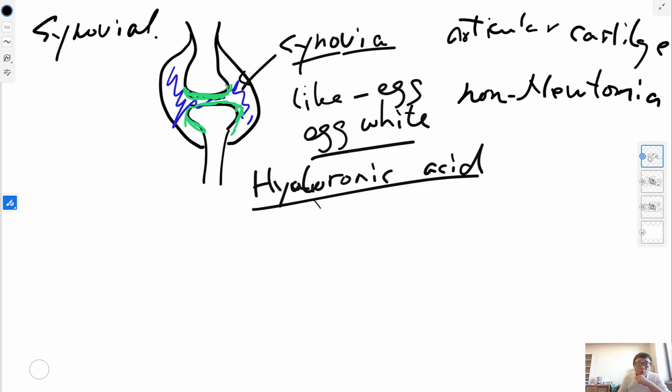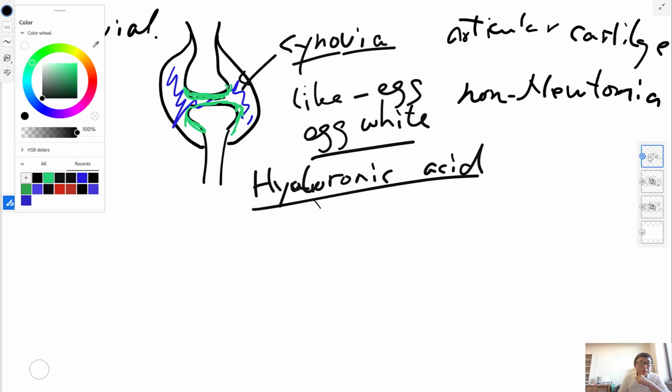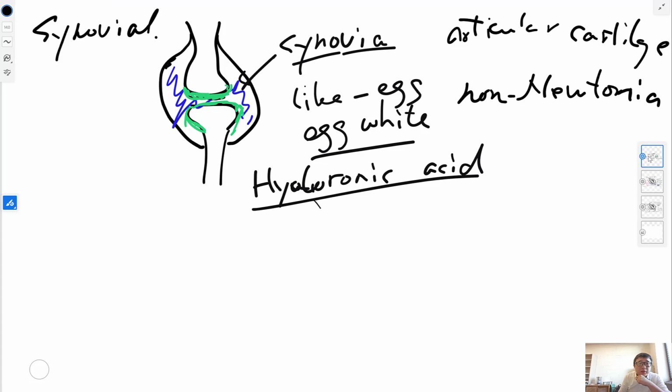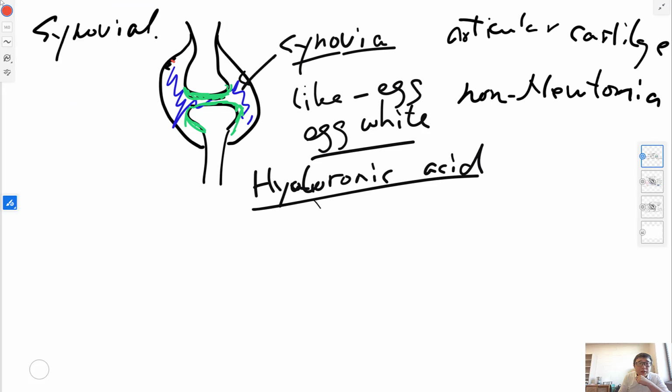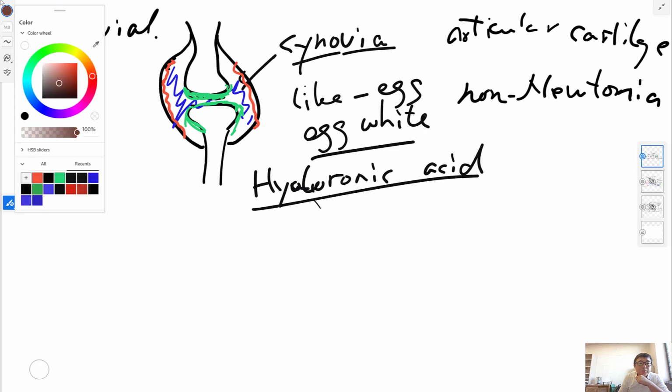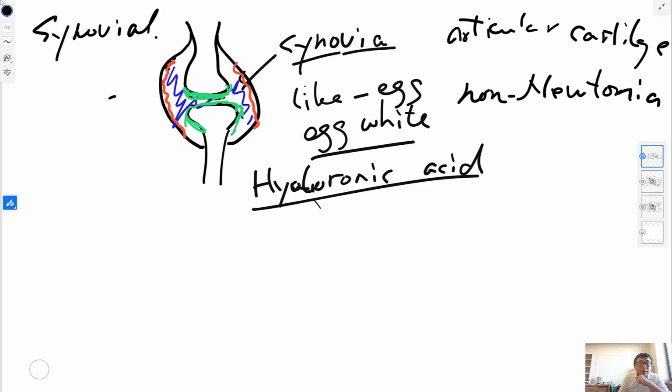And what kind of cells produce those? In the very inner side of the capsule, there's a layer they call the synovial membrane.